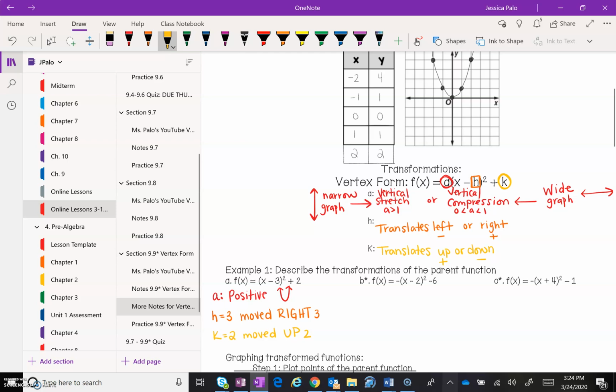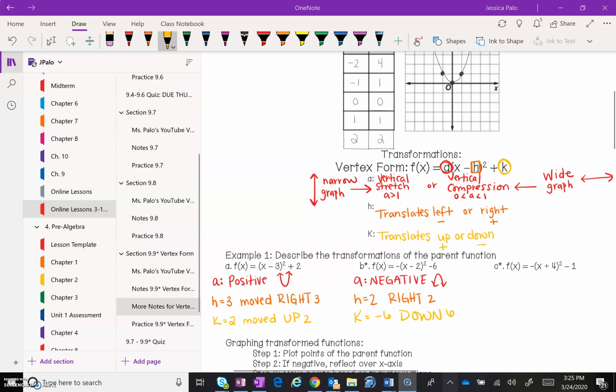The wideness is not going to change. H equals 3. So that means our parent parabola is moving to the right 3. K equals 2. So our parabola is going to move up 2. So the wideness is going to stay the same. It's moving to the right 3 and up 2.